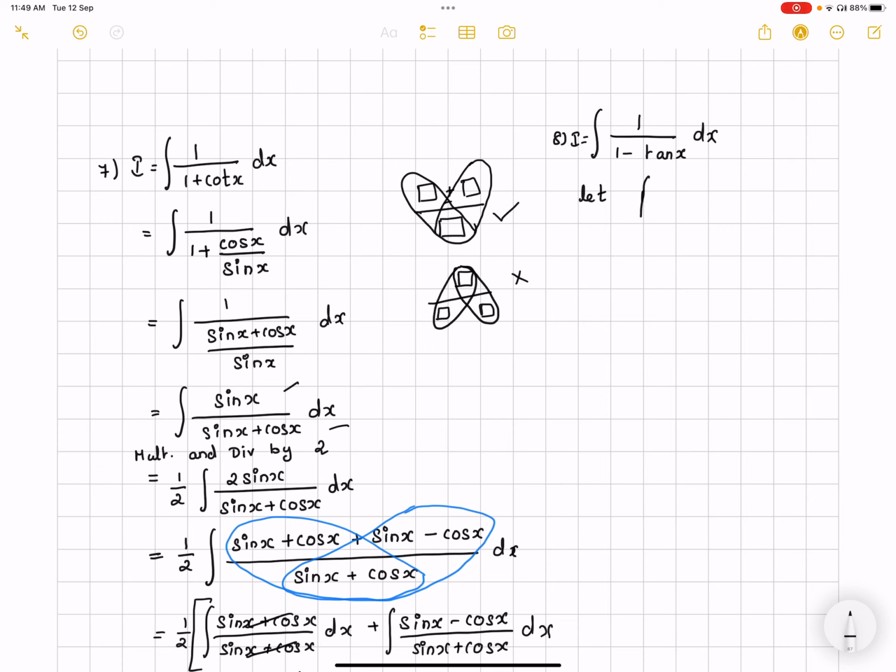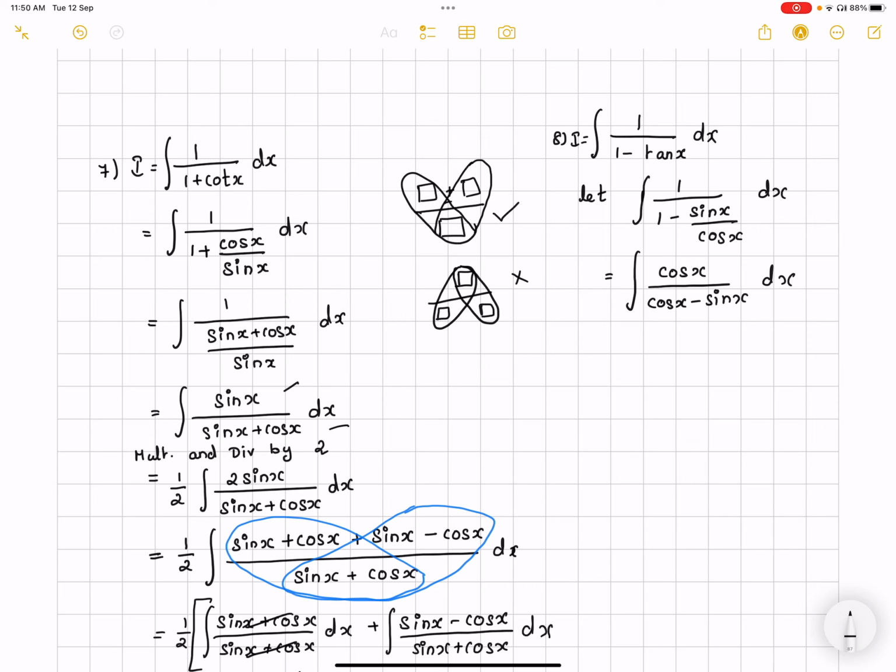I would be considering it as 1 minus sin x by cos x, okay, dx. So here we would be having cos x divided by cos x minus sin x dx.